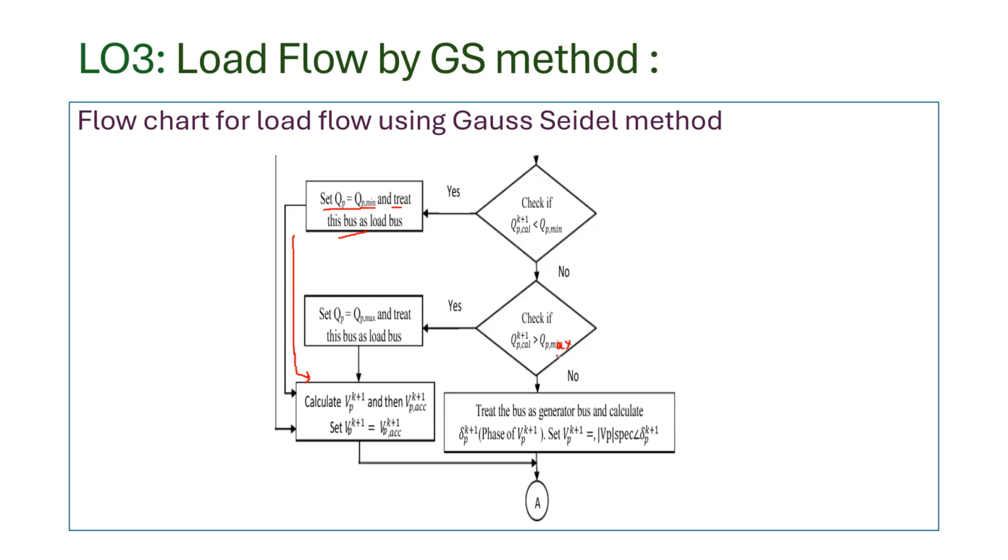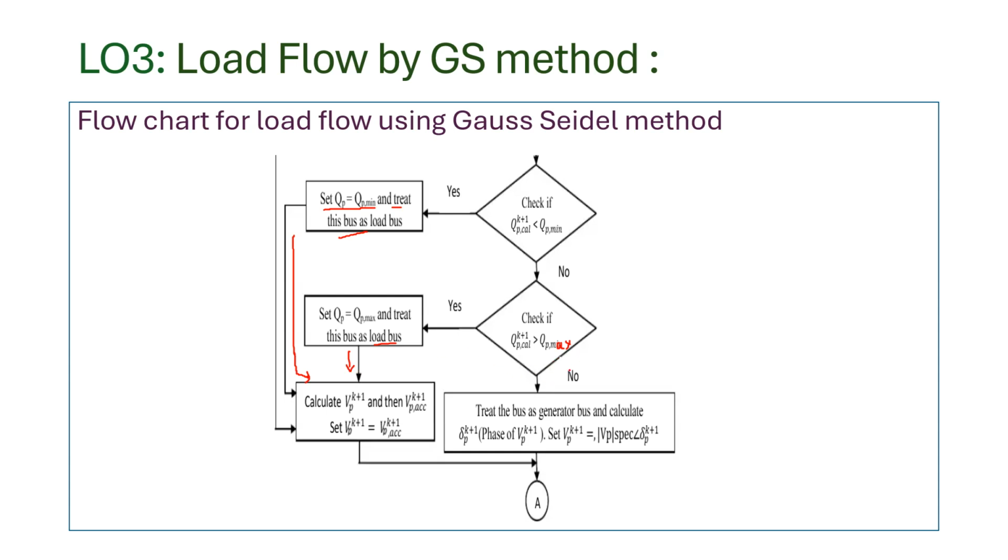If it is greater than Q max, then we have to set it to the maximum reactive power generation, treat it as a load bus, and proceed for the voltage calculation. We have done a similar procedure in our second problem, the PV bus.